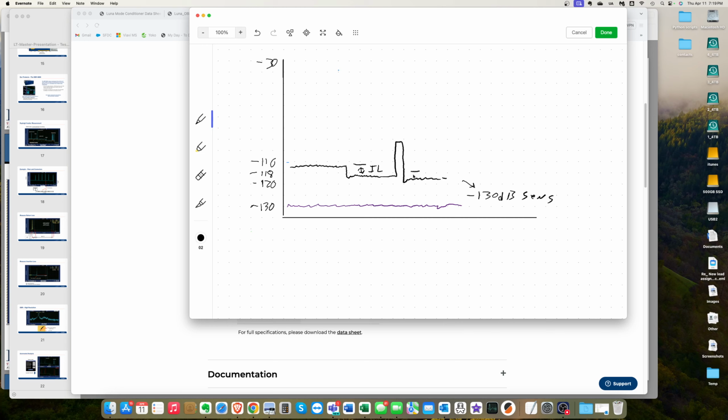Where it becomes difficult is if I start getting close to the noise floor of the instrument, I'll still see peaks. Say I have a really bad splice here, really lossy, and for the sake of argument the loss brings us down below the sensitivity of the instrument. I'm going to draw this sensitivity line over here.